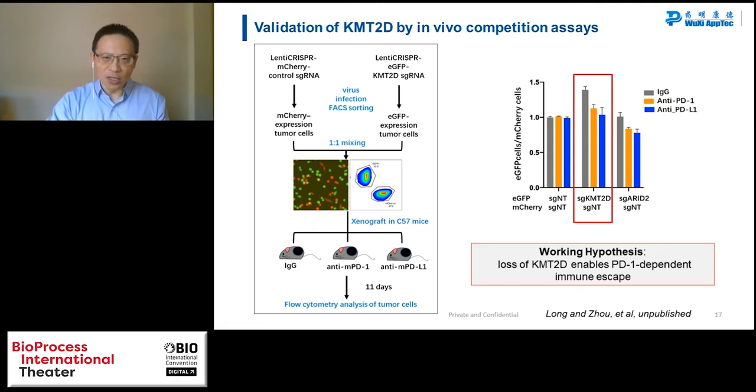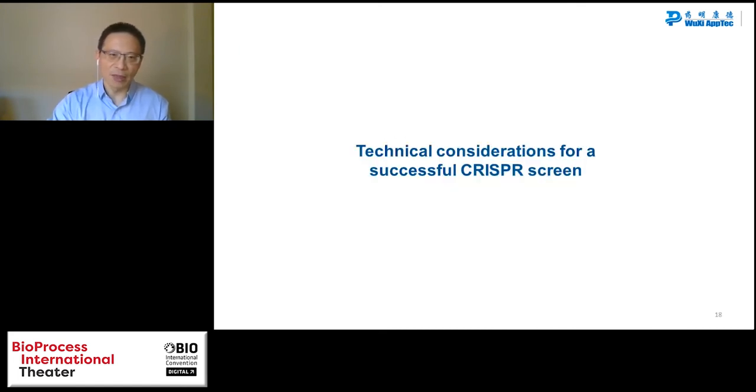So in other words, the growth advantage obtained by KMT2D knockout in vivo is offset by the PD-1 immune checkpoint in this model system.